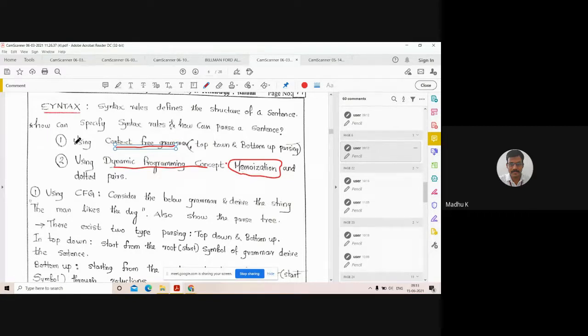So there are two methods of parsing or syntax analysis: one is using context-free grammar and another is using the dynamic programming concept. Using context-free grammar, how is it possible?